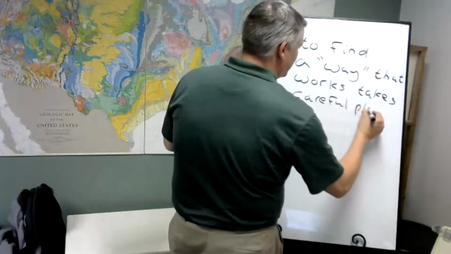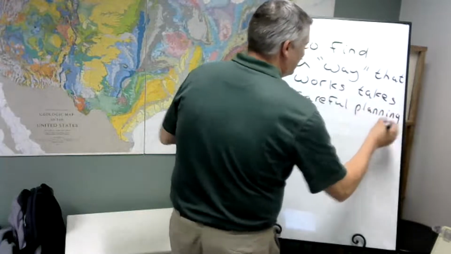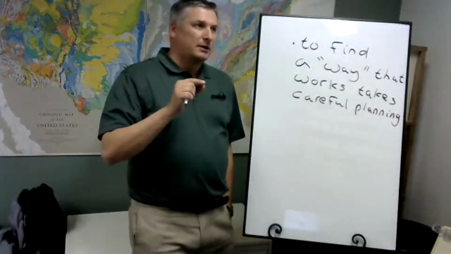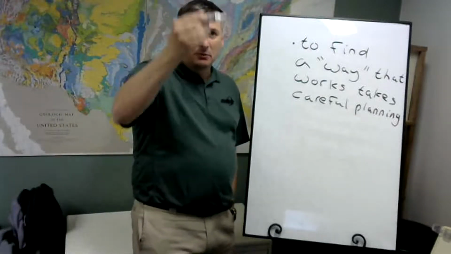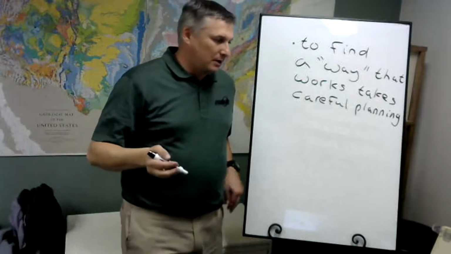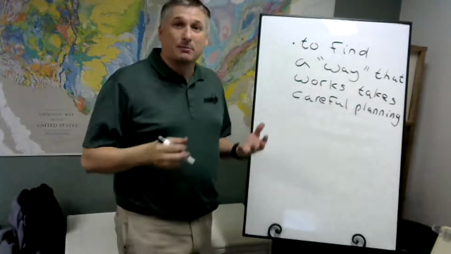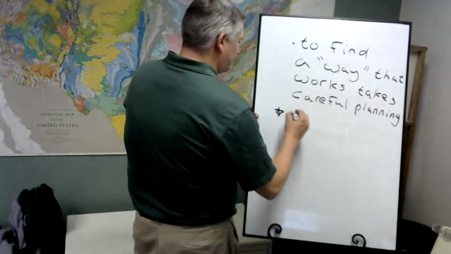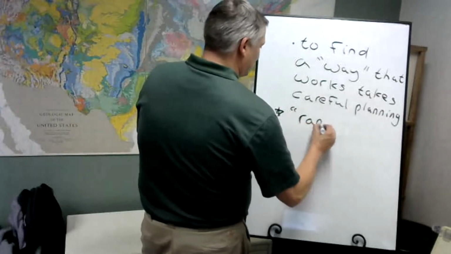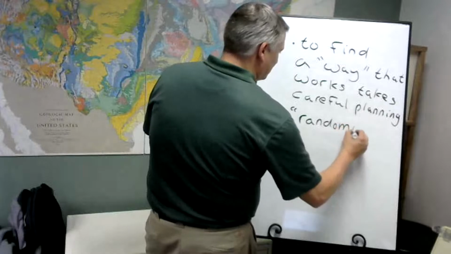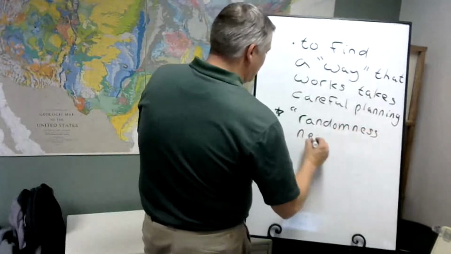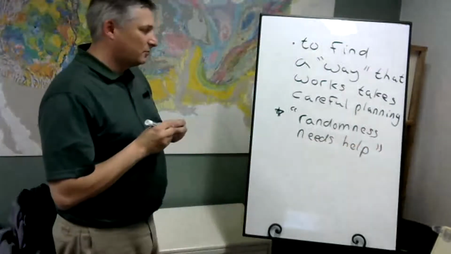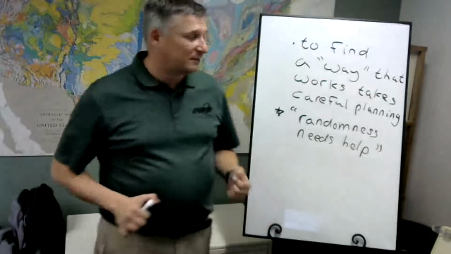We're going to look at what some of this careful planning is next time. And sometimes it's not just one step that you do. You might have to do multiple things to come up with a way that's going to get you at least close to being a simple random sample. The moral of the story here, this is the text: randomness needs help. Randomness is going to need help.